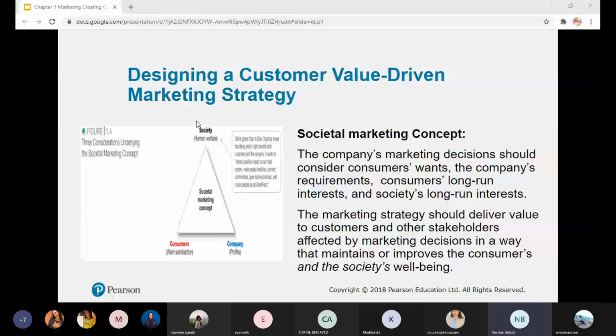It calls, for example, for sustainable marketing, socially and environmentally responsible marketing that meets the present needs of consumers and businesses while also preserving or enhancing the ability of future generations to meet their needs. Okay?